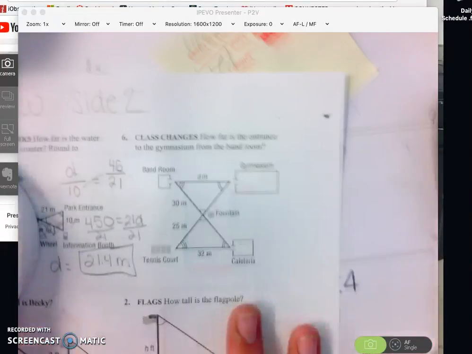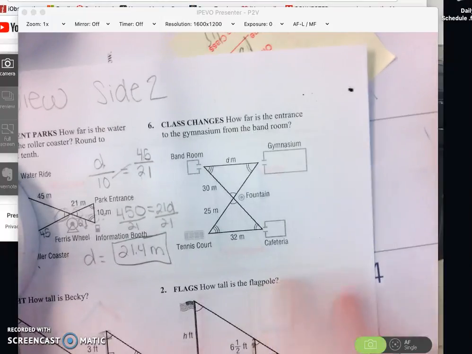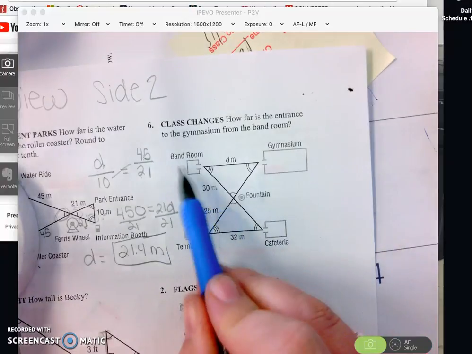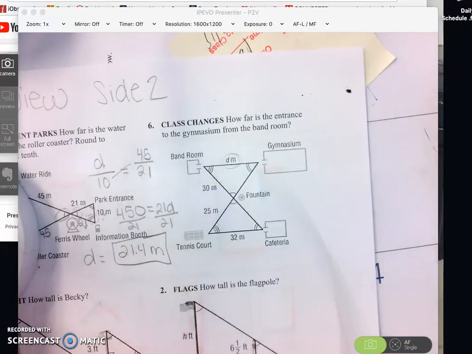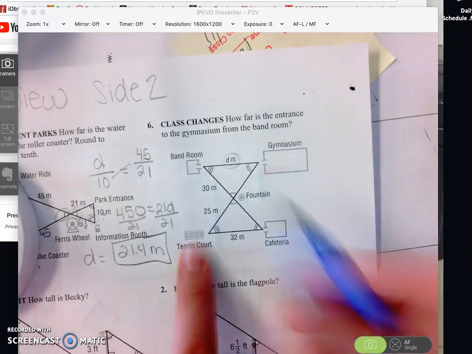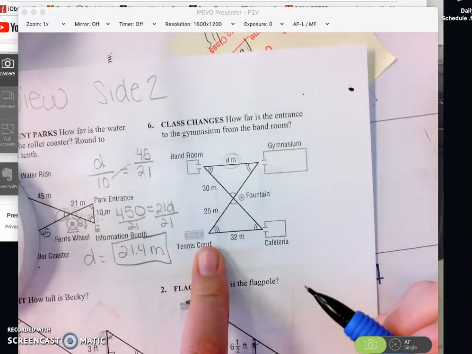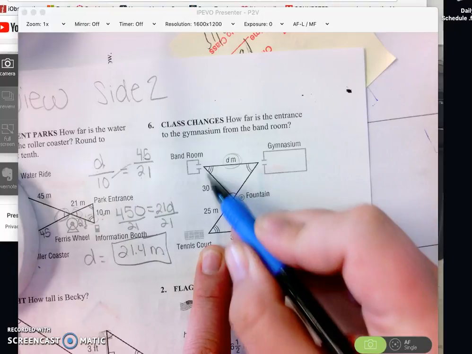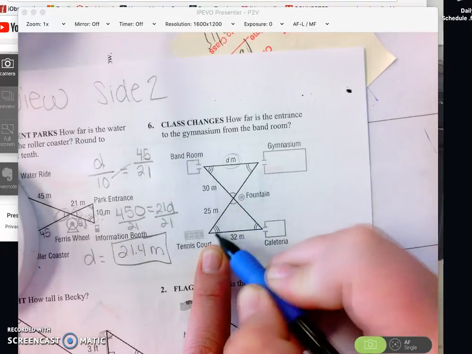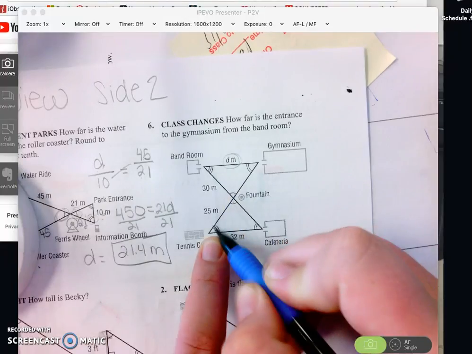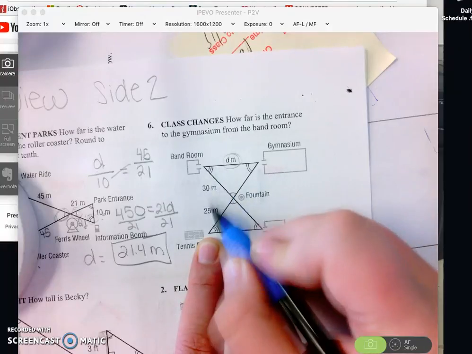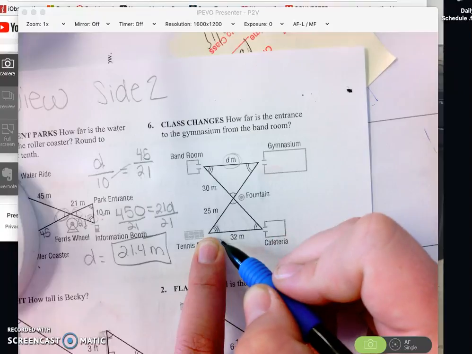Okay, over here, how far is the entrance to the gymnasium from the band room? So right here I'm looking for this one. Because I have 3 arcs here and 1 here, these two are corresponding sides.